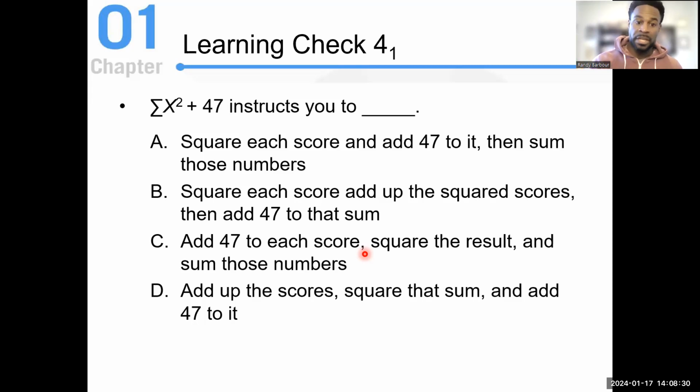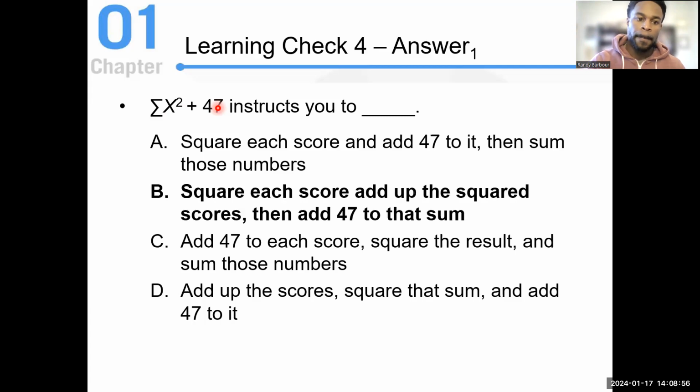But again, you should get that you're going to square each score, add up the squared scores, and then add 47 to that sum. So you're going to square each of the scores, whatever those scores are, sum all of those squared scores, and then add the 47 to that sum. Okay, so that is B.